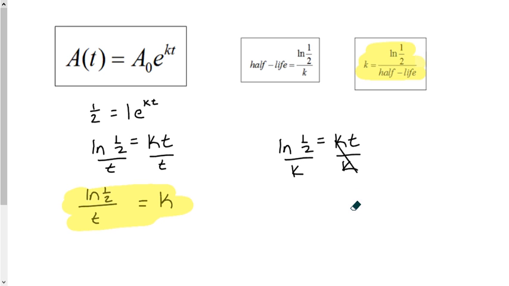Those cancel out, and I get t equal to natural log 1/2 over k. And that's this other one. So that's where these other smaller formulas come from, and we'll kind of be using those as we progress through here. So let's take a look at just a couple more.